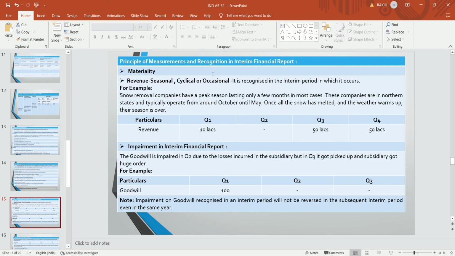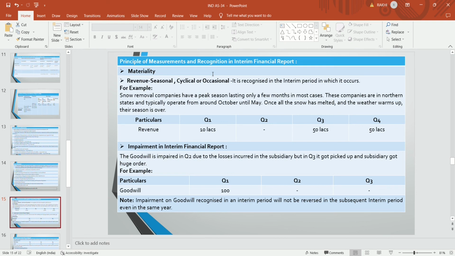We have taken the example of snow removal companies. They have a peak season lasting only a few months in most cases. These companies are in northern states and typically operate from around October until May.